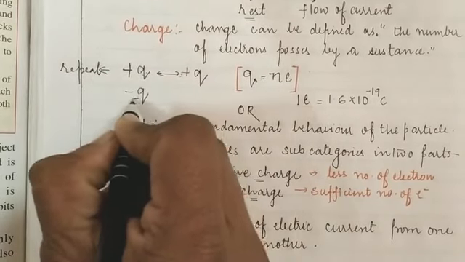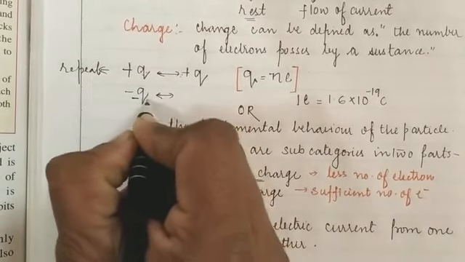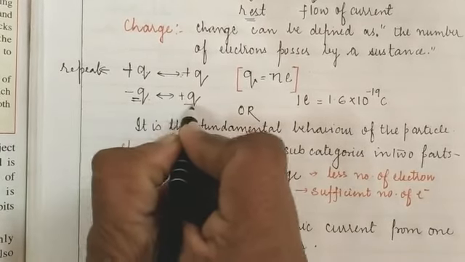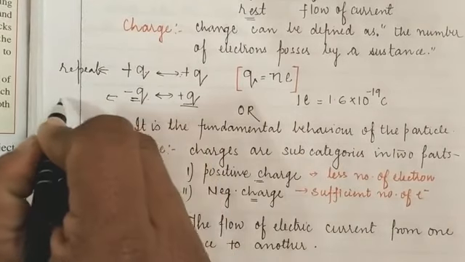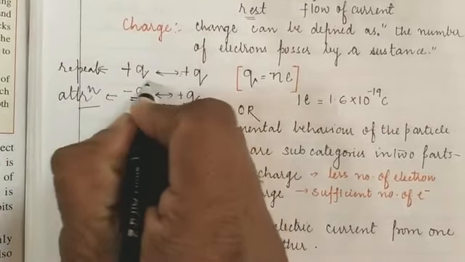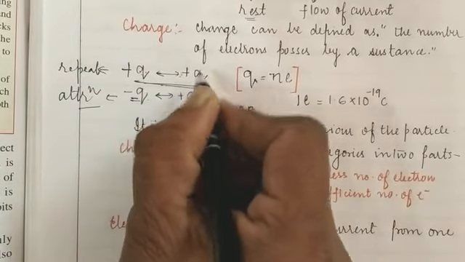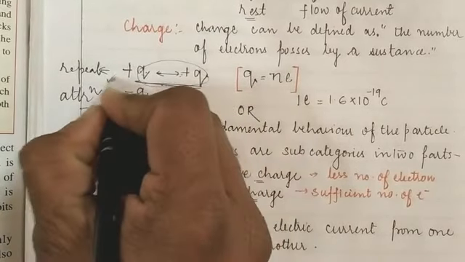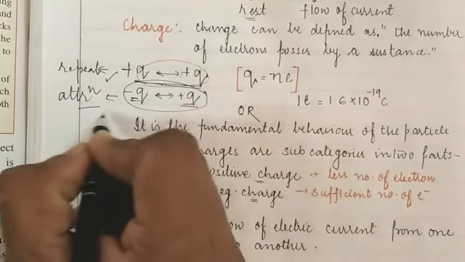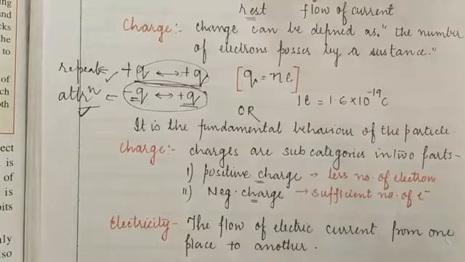And when a negative charge comes into contact with a positive charge, the behavior of both charges is different, so attraction takes place. So if there are like charges, repulsion takes place, and if there are different charges, we get attraction.